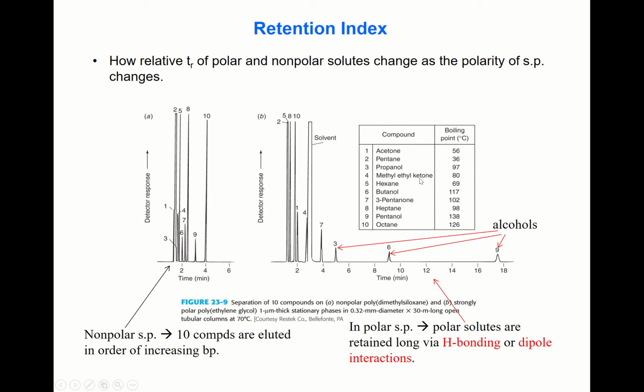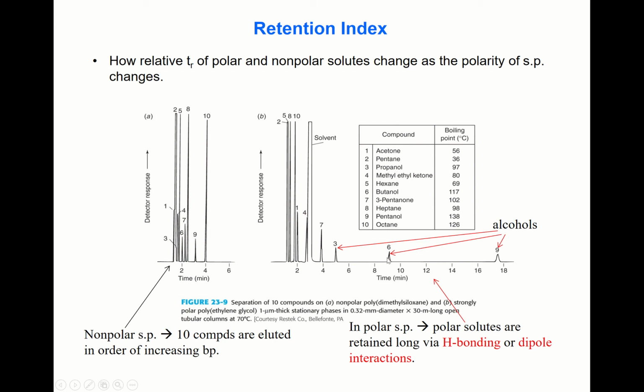But methyl ethyl ketone is a larger ketone than acetone, so it is retained in the polar stationary phase longer. Then 7 is 3-pentanone, also a polar molecule. Then 3, propanol, is quite polar, much more polar than acetone or methyl ethyl ketone.